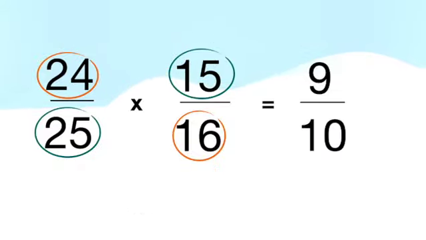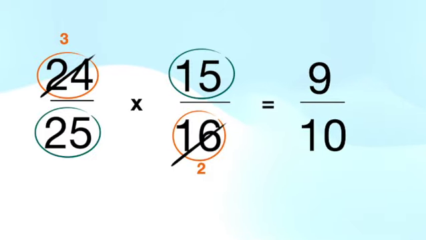They'd get the exact same problem, but this time they would do the shortcut. 24 and 16 are still both divisible by 8, so I'm going to divide them by 8 and write it like this. So the 24, I'm going to cross out 24 and I'm going to say 24 divided by 8 is 3, and 16 divided by 8 is 2.